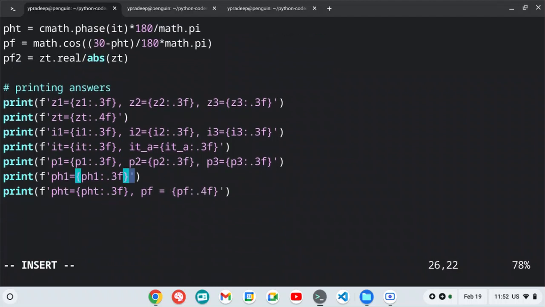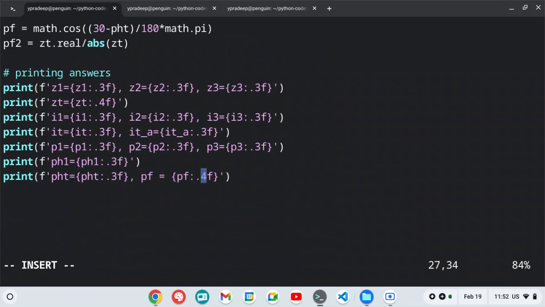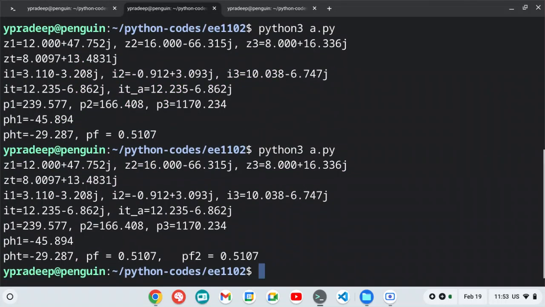So this will also give the same value. I will print that also, PF2 equal to. So I'm getting the same value. I can also use the impedances individually: Z1 has its own power factor, Z2 has its own power factor, and so on.